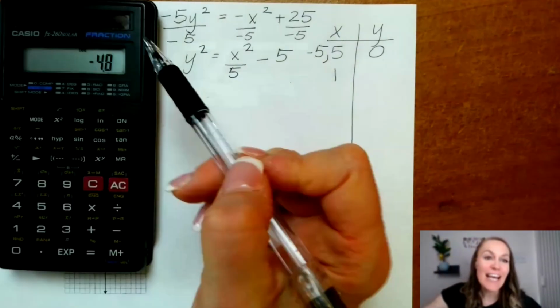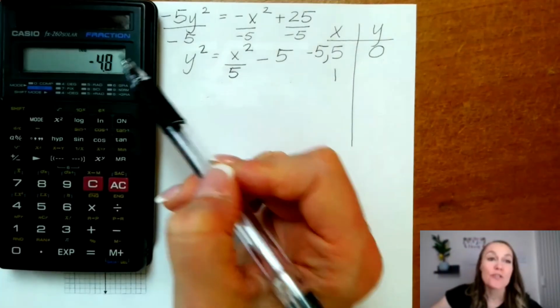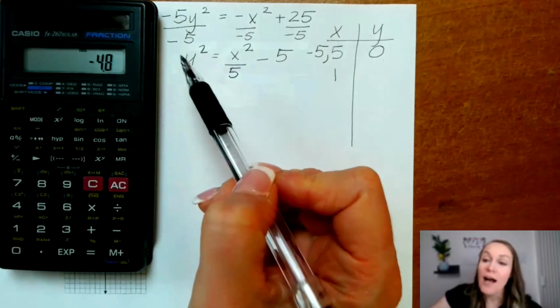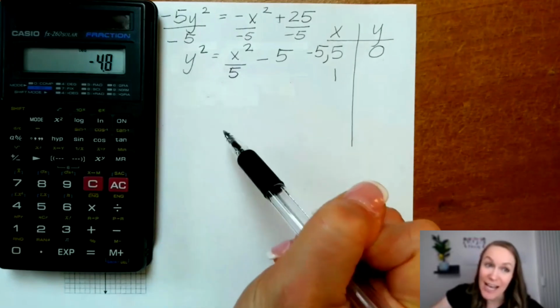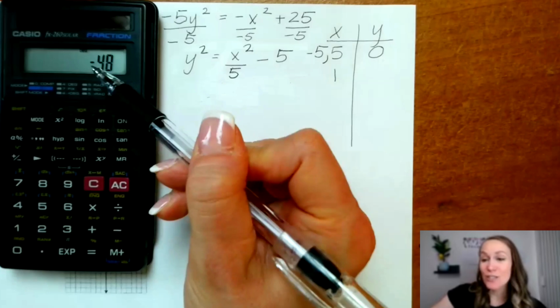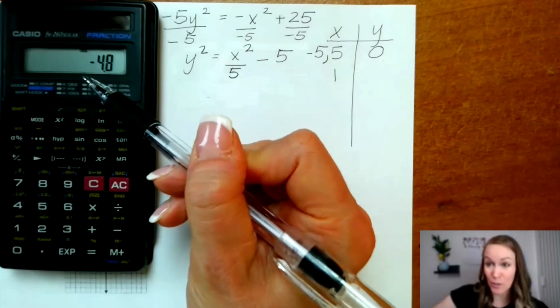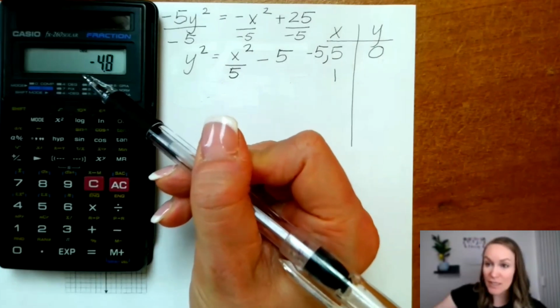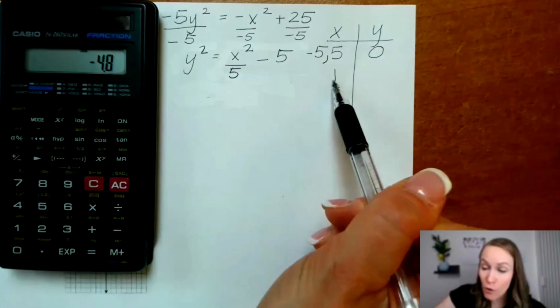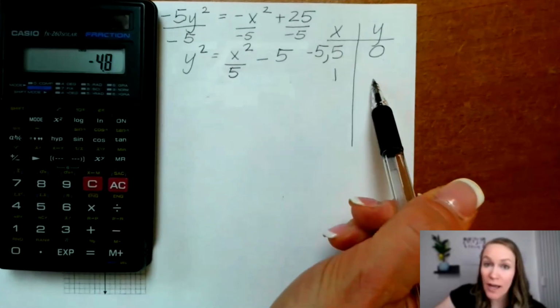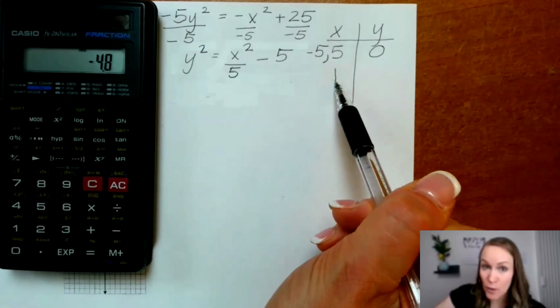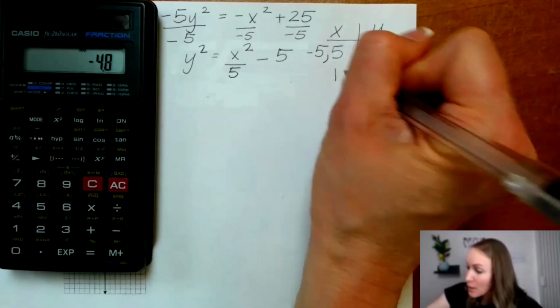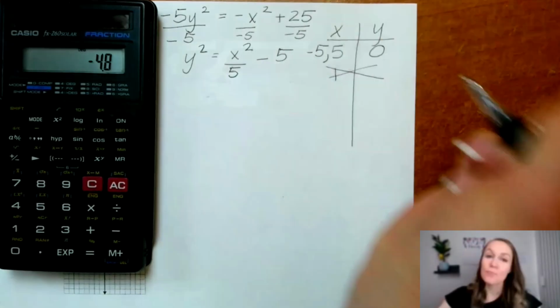Now I get a negative number. To solve for y, I would need to square root both sides, and I can't square root a negative number. So this means that there are no values for y when x is equal to 1. So I'm just going to cross it out.